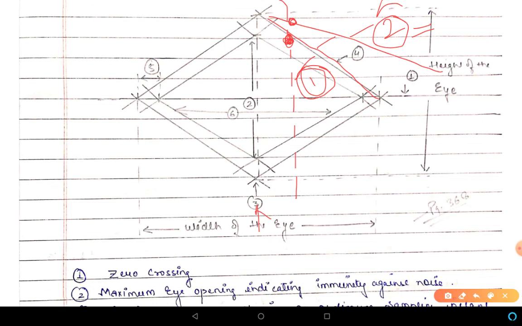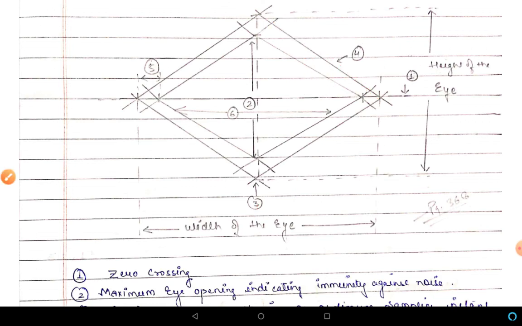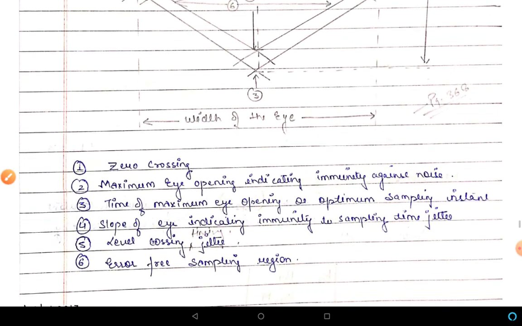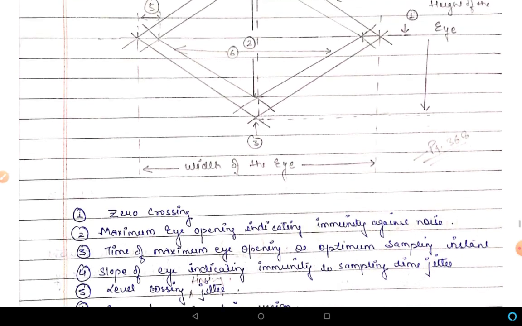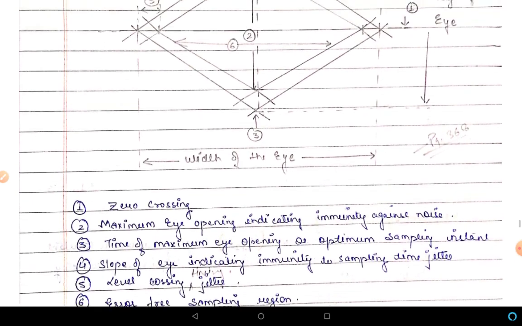Third important parameter is level crossing jitter. So what is level crossing jitter?